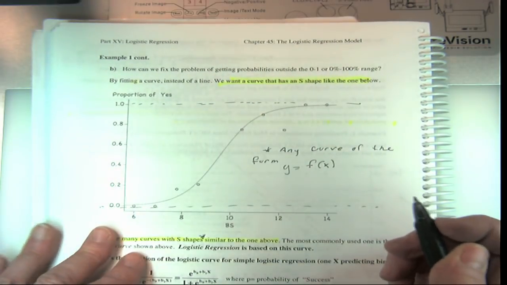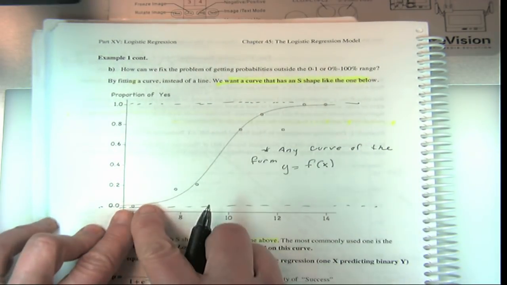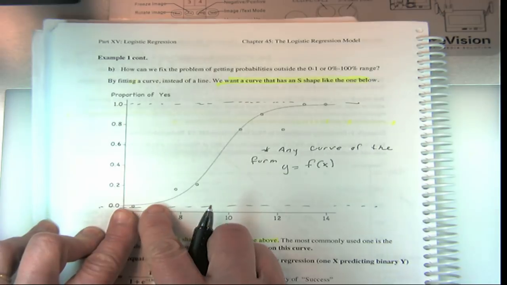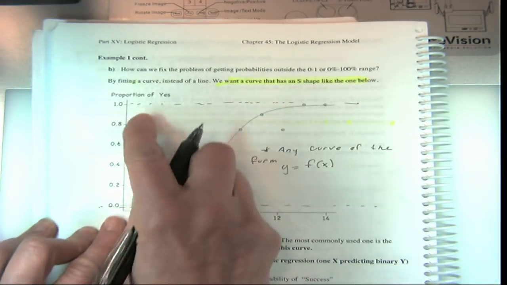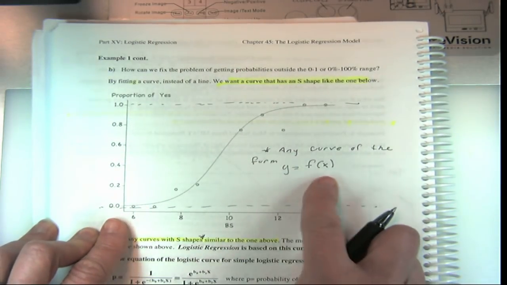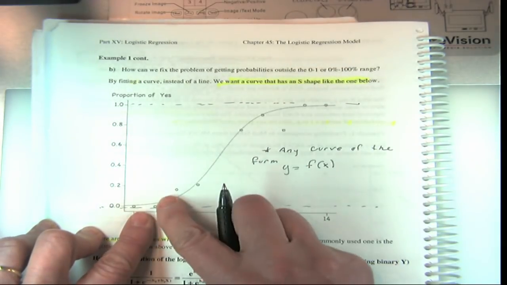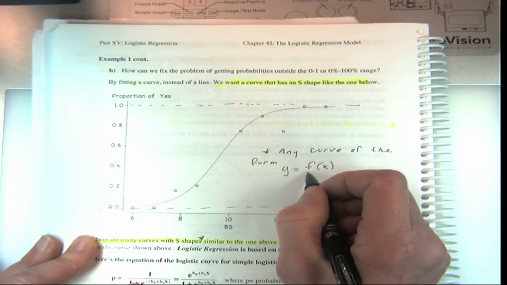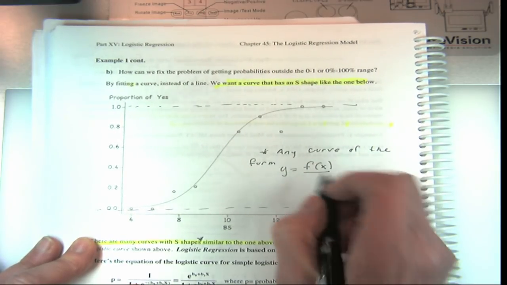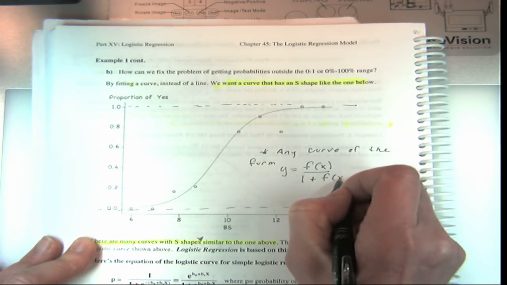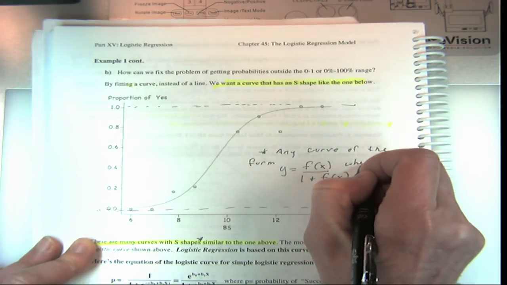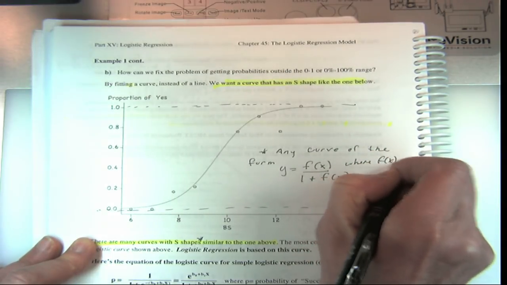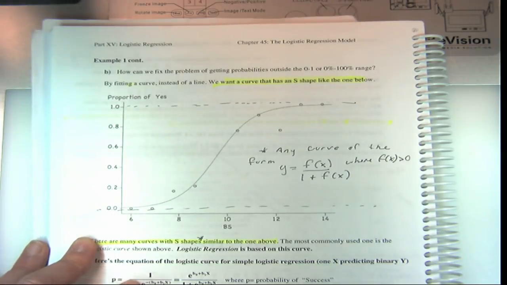It's increasing, or we could have one that's decreasing, either direction, that has this kind of shape, would work. Basically any curve f of x over 1 plus f of x, where f of x is greater than 0, would work.